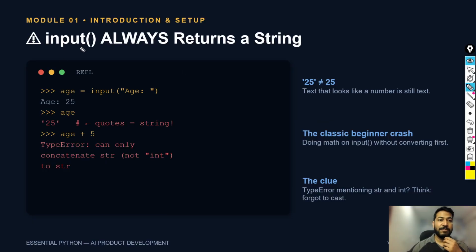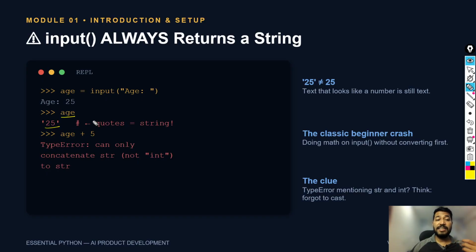Going to the next slide, here we are discussing that the input method always returns a string. Suppose we accept the input from the user and it provides the value 25 for age. Internally, Python will convert it into the string type. Let's check: the output is of string type because it is covered with single quotes.